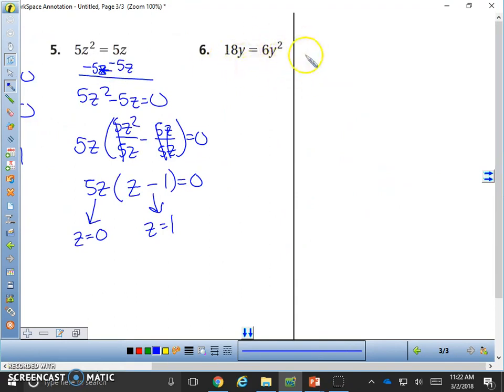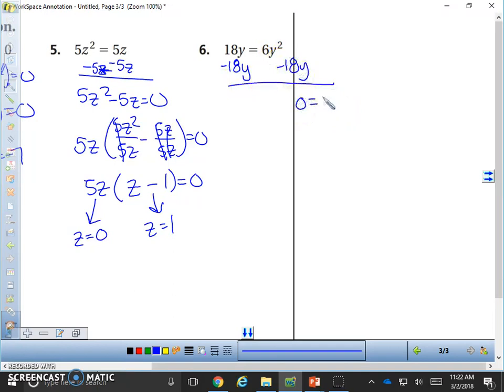Last example, we're going to set it equal to 0 so that I can use my zero product property. I'm going to take away 18y because I like to keep this first one positive. 0 equals 6y squared minus 18y. We're going to factor to make finding these zeros easier. What does 6y squared and 18y have in common? They both have a y, okay? And 6 does go into 18, so they have a 6 in common.